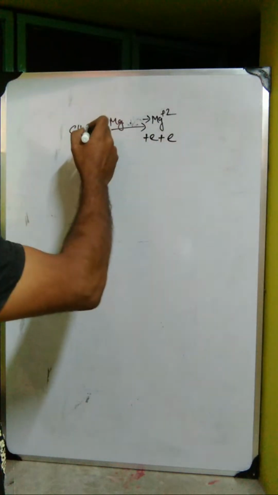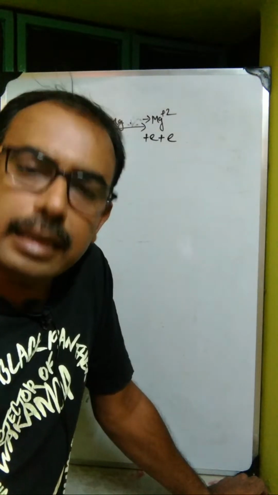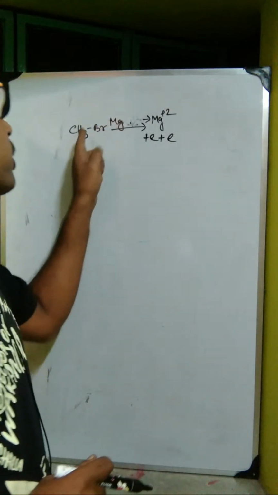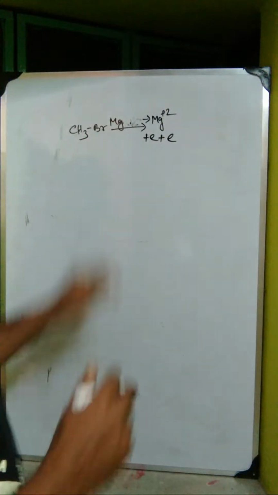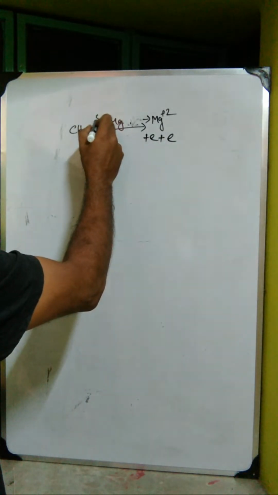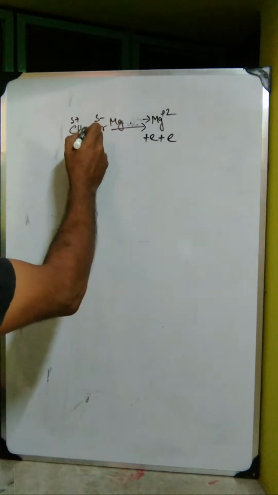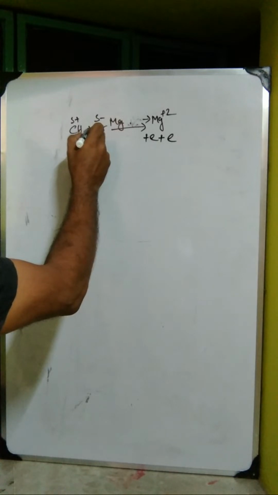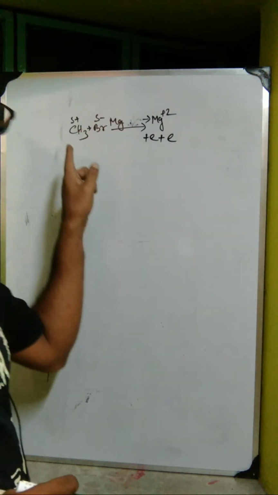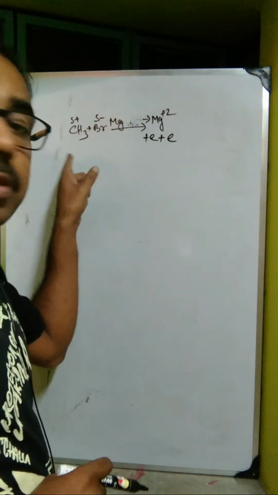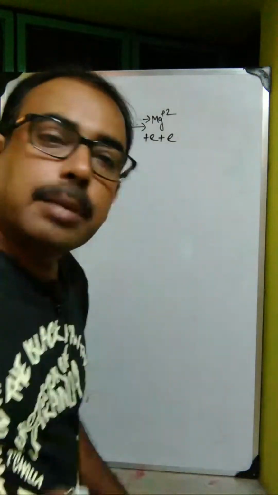Now, since bromine is more electronegative than carbon, this bond is a polar bond where bromine has some partial negative charge and C has some partial positive charge. The bond pair electrons are shifted more towards bromine, as bromine is more electronegative than carbon. Again, this CH3 group has a plus I inductive effect, that is, a bond pair repelling effect.